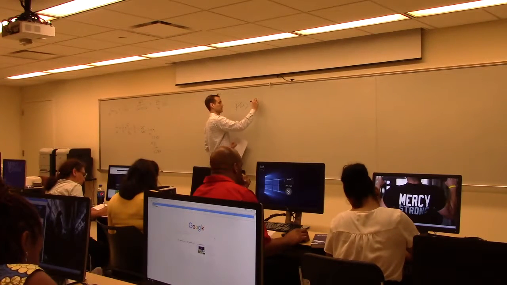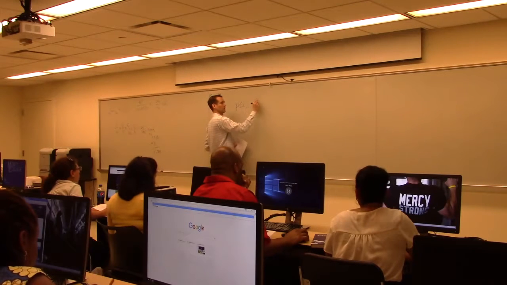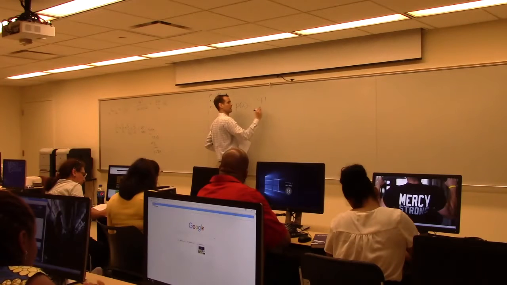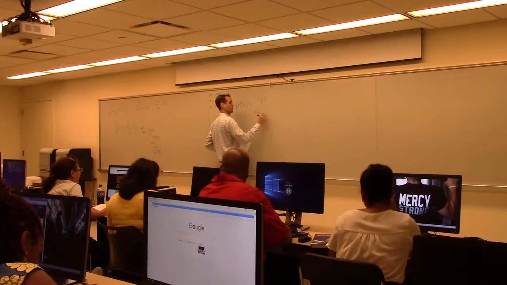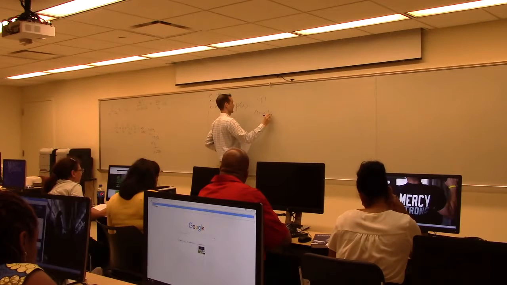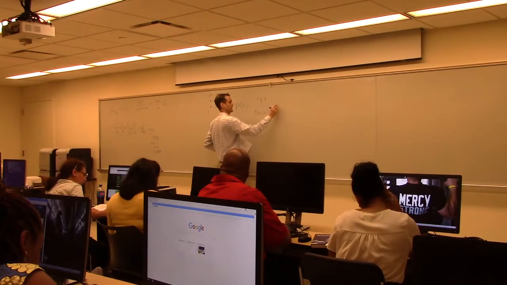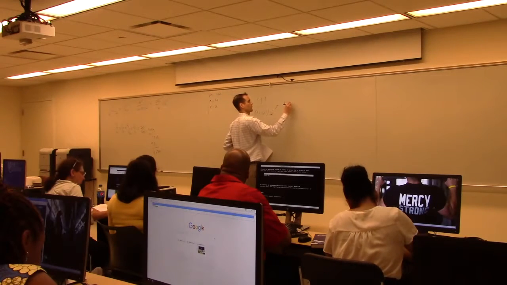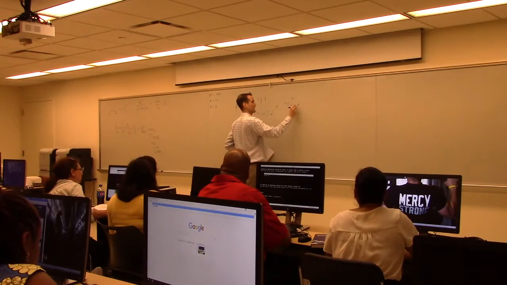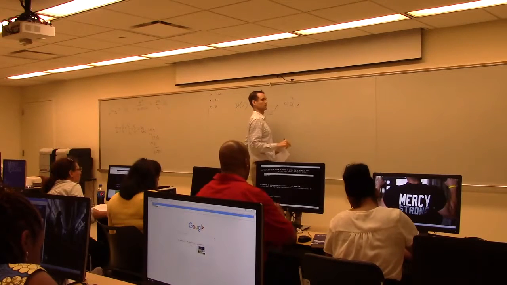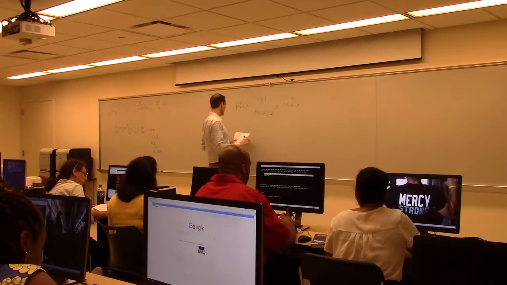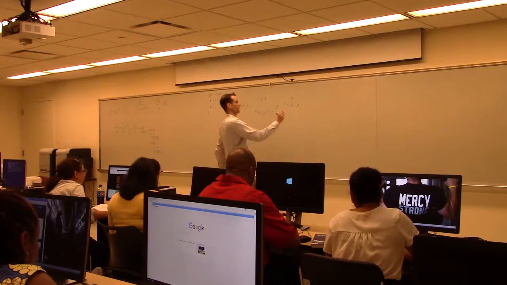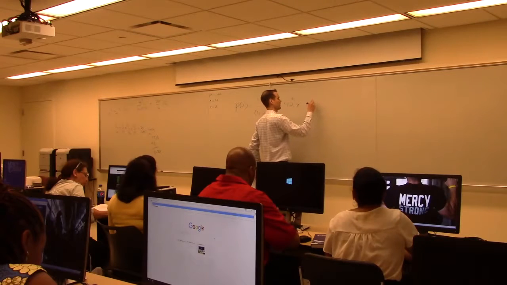All right, what goes here? 4. 4 factorial, yes, over 4 minus 2 factorial, 2 factorial, times 0.42 exactly, raised to the second power, times 1 minus p, 0.58 raised to the second power.